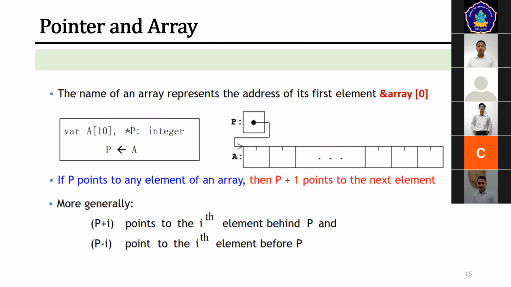When you create an array, because an array is a set of elements, for example a 5-element array, each element also has its own address. The addresses are next to each other.